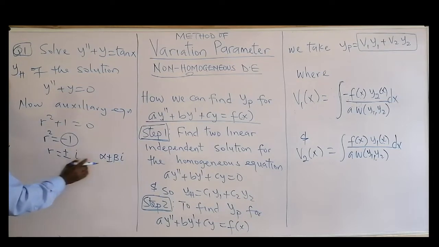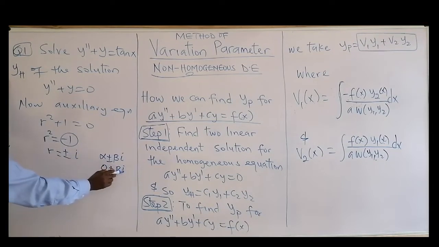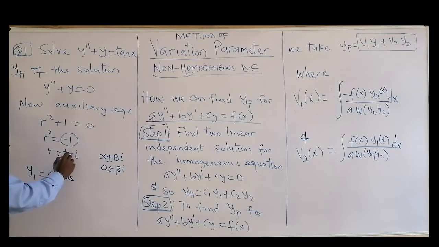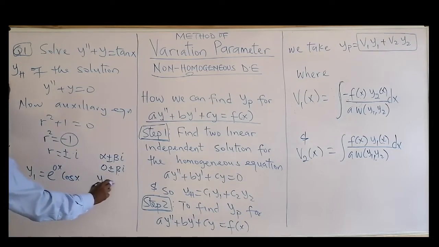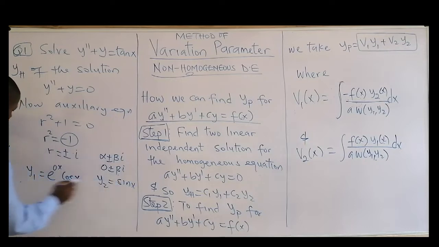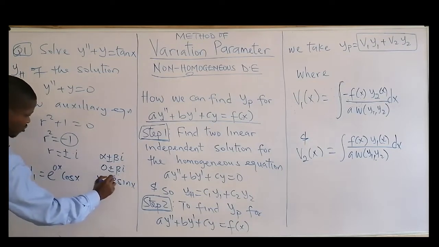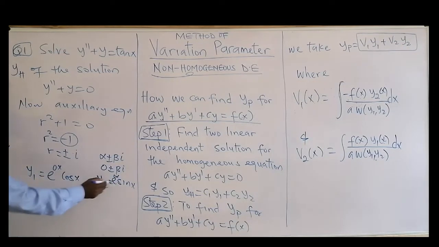In this case your alpha is 0, plus or minus beta i, and your beta is the coefficient of i, which is 1 here. So your y1 will be equal to e to the 0x cos 1x, that is cos x. I'll not waste time. So y2 will be equal to sin x, because e to the 0x becomes 1.